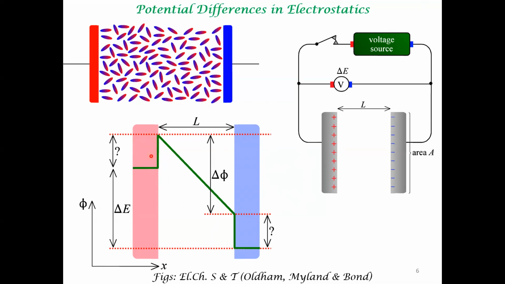Right now I'm just mentioning that there is a potential jump because corresponding to the charges present in the electronic conductor, there will be counter ions present on the ionic conductor side, on the side of the electrolyte.